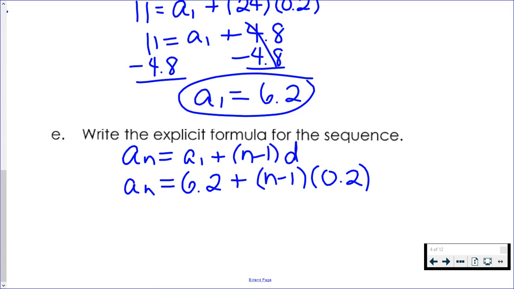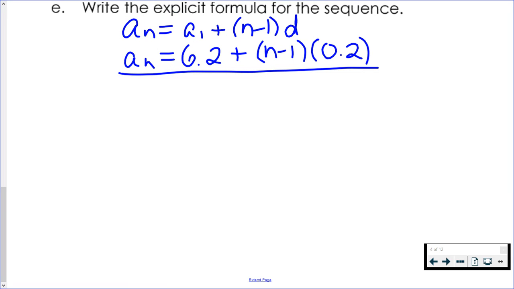Now, sometimes you can leave it like this, depending on what the question is asking. Or if it's a multiple choice question or something, and this is not one of your options, it's because it was simplified. So if I simplify it, I'm going to distribute the common difference.